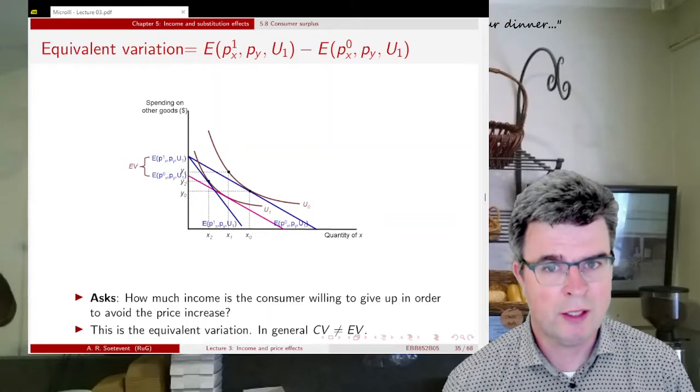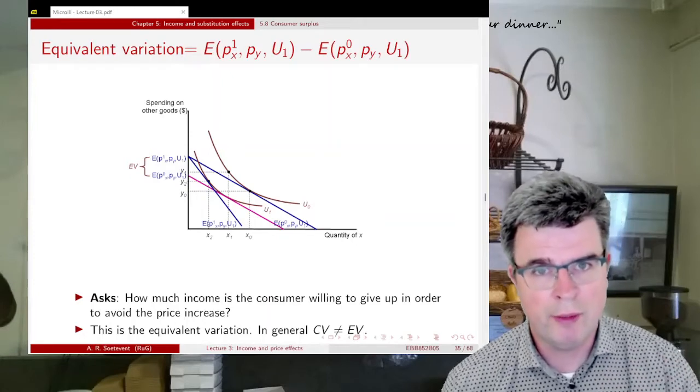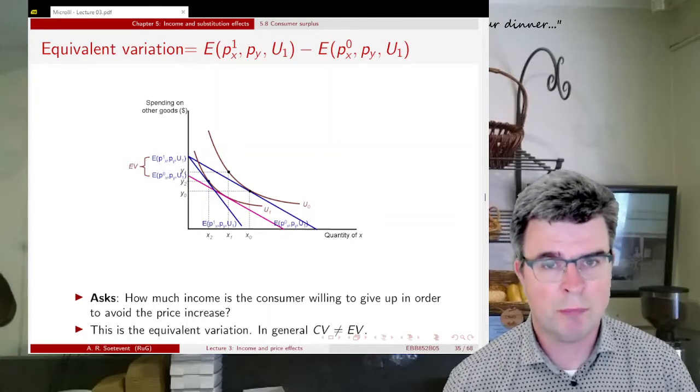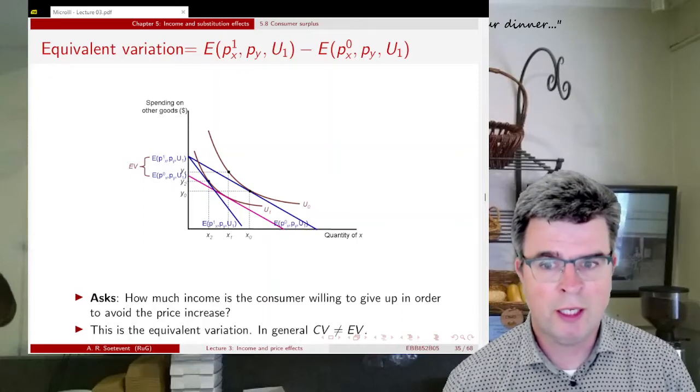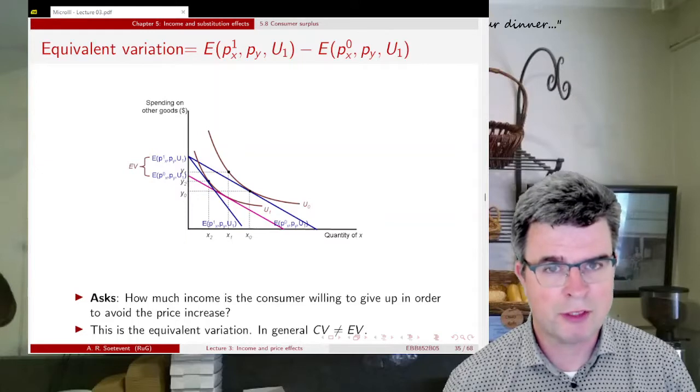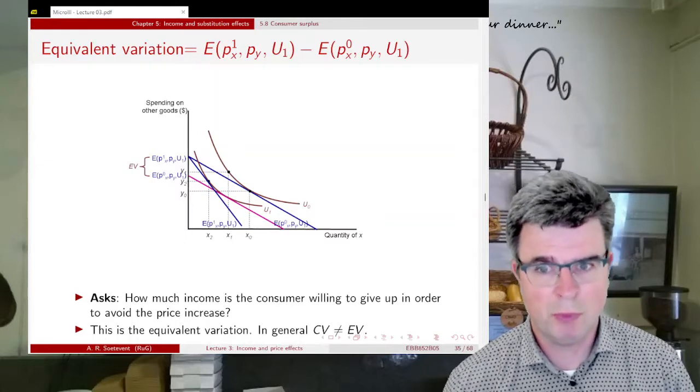So that is the equivalent variation. We need to take away 5 units of income from this individual in order to make him as well off as when he would face the price increase from P0 to P1.